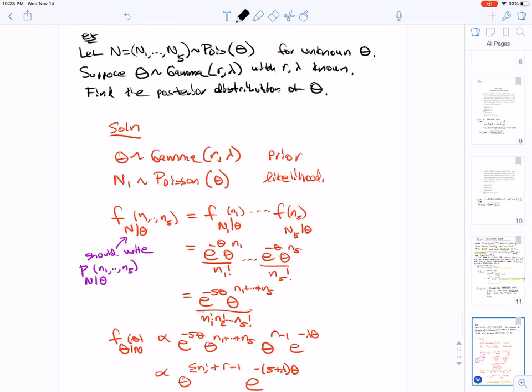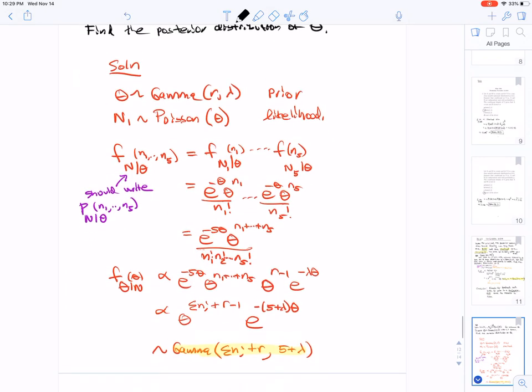So then we finished with an example where I have 5 Poisson thetas, IID, for unknown theta, but we're going to assume that theta is given by a gamma distribution with R and lambda known, and this is what Bayesian statistics does, and we want to find the posterior distribution.